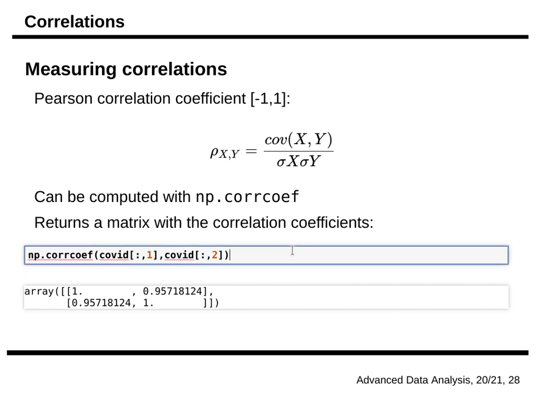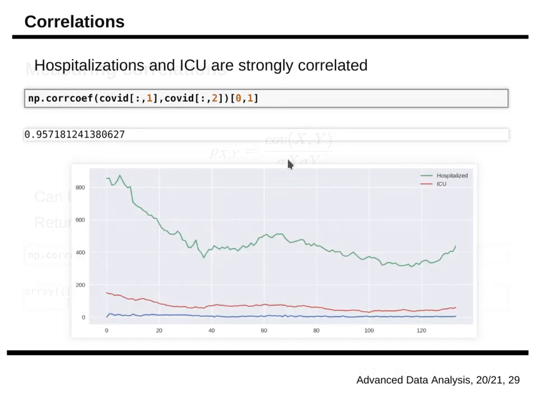So actually, we don't want the whole matrix. We just want the correlation coefficient value, which is the value either here in the first row, second column, or in the second row, first column. Because the one in the diagonal is always one. It's each series with itself. So we can do it like this.